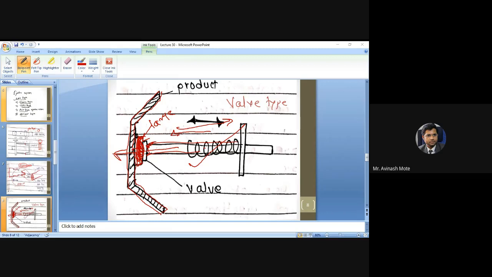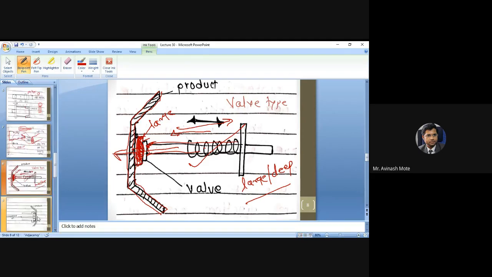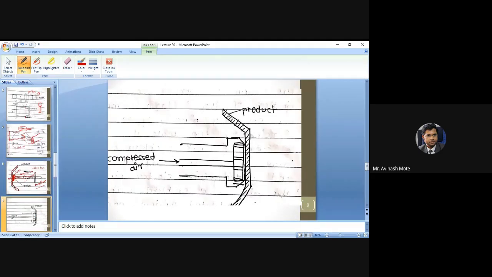Now the next one is ear. This is wall type, used for large and deep components. This one is ear type, ear type ejection system.